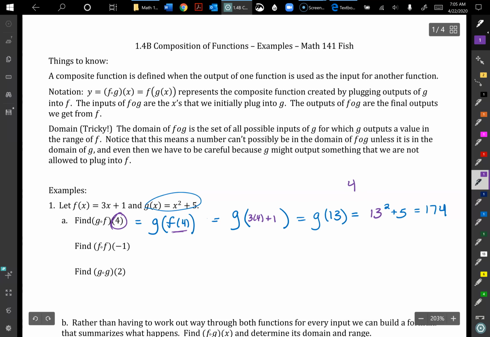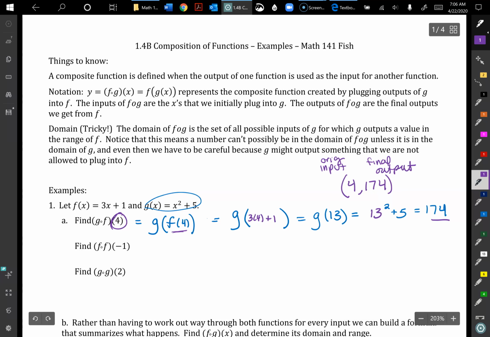Okay. And 174 was our final output. So this is our original input, and our final output.